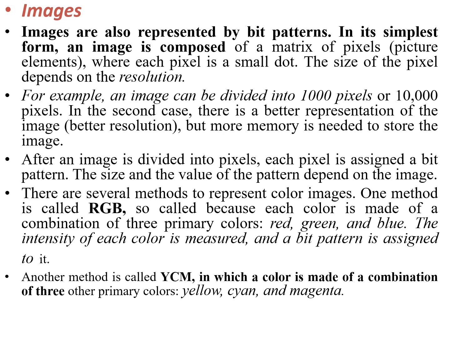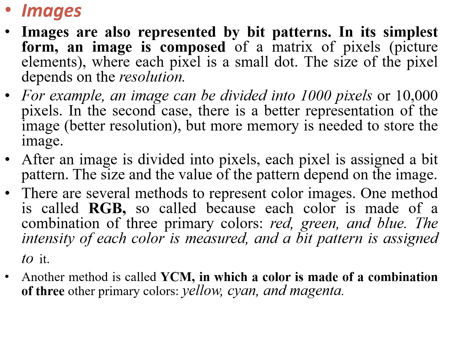There are several methods to represent a color image. One of the methods is called RGB, which stands for red, green and blue, so called because each color is made up of a combination of those three primary colors. The intensity of each color is measured, and that particular bit pattern is assigned to the pixel.